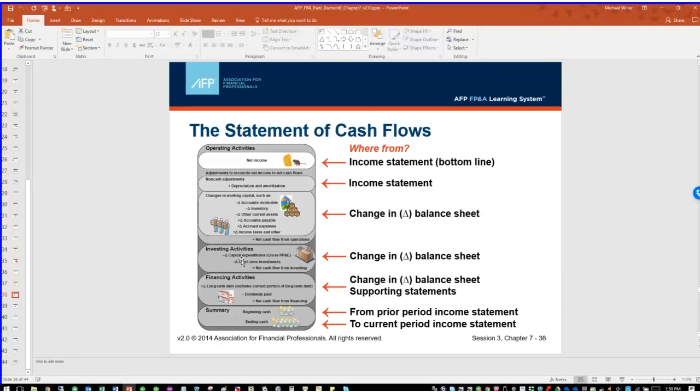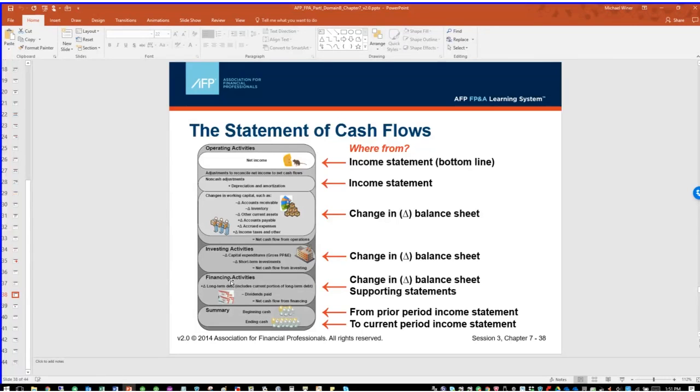Activities of shareholders or lenders into the business, those are to the company financing activities. Okay, so if you keep those straight, you won't have problems with this. Investing refers to the business investing, not people investing in the business. Financing is people investing in the business. From the company's perspective, we call that financing.